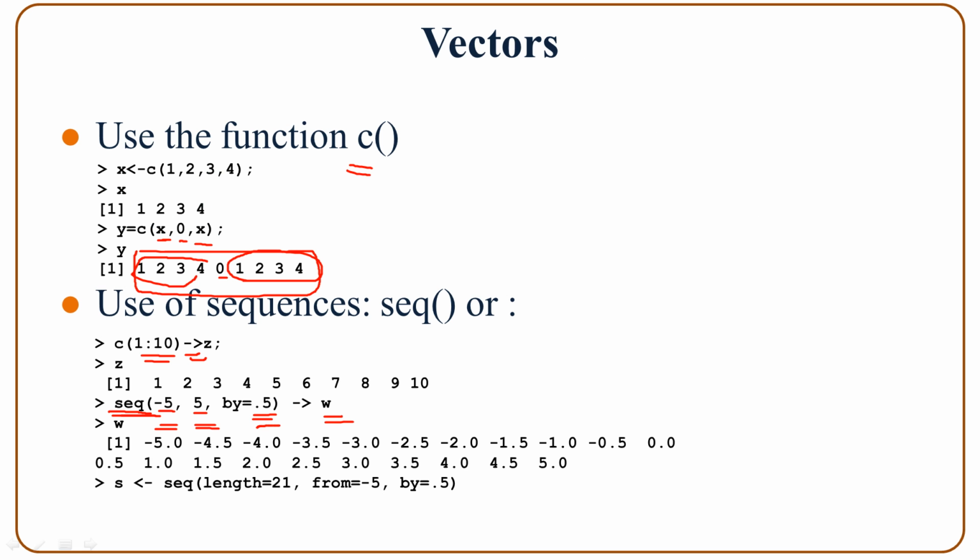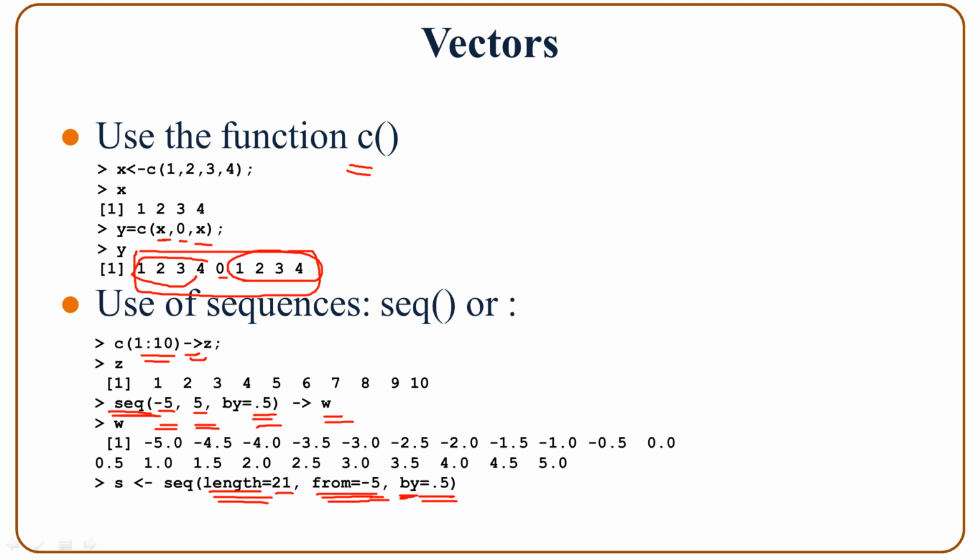And you can also use length and the starting value and the step. And if you do so, the good thing is to specify explicitly which parameter and which value. So the length is 21, from is -5, and by, which is the step, is 0.5.